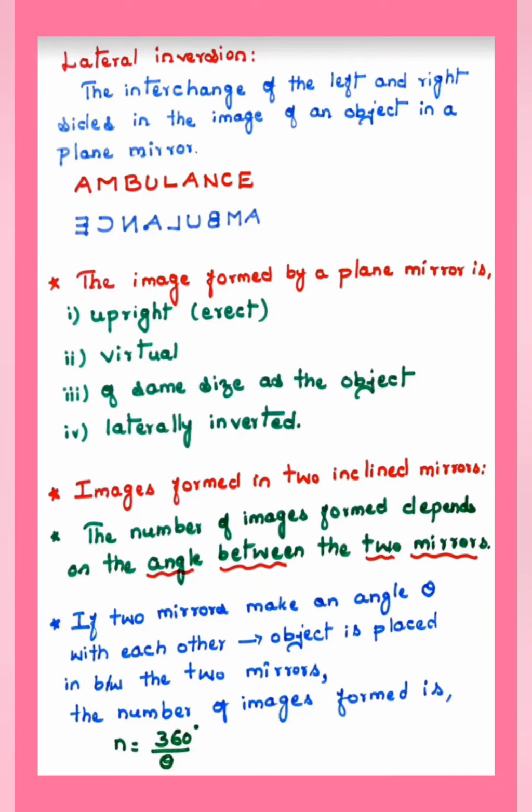An example we can consider that we would have noticed in our daily life: on the ambulance, the word ambulance is laterally inverted and printed. It is like this on the ambulance.